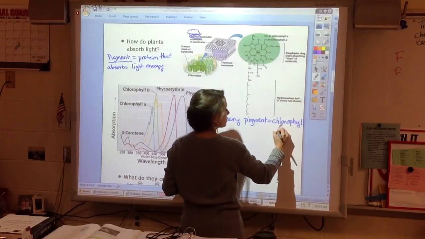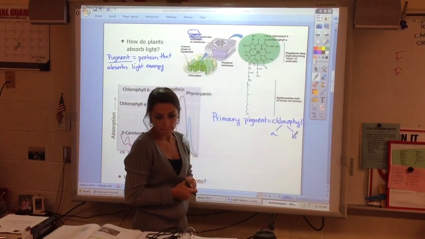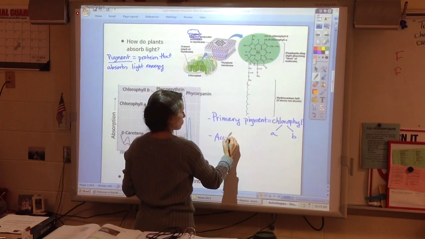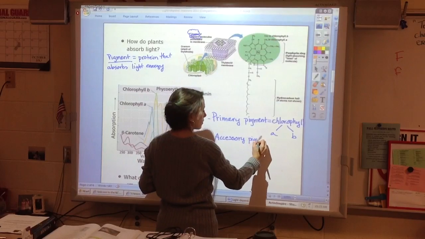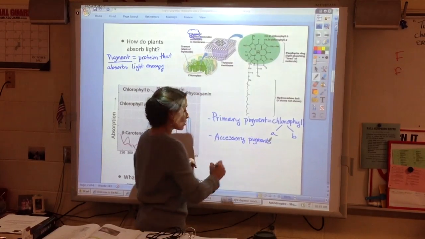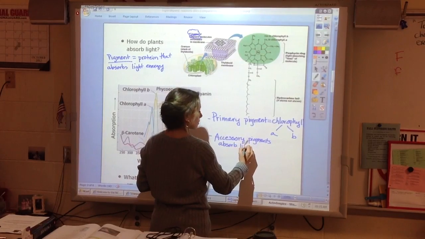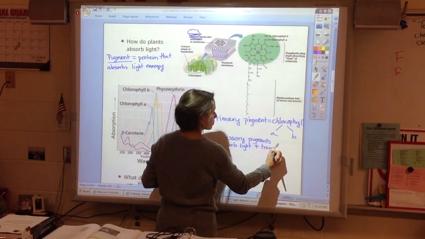It actually comes in two forms, chlorophyll A and chlorophyll B. But we also have what are called accessory pigments. And accessory pigments are going to be able to absorb light energy and transfer it to chlorophyll.